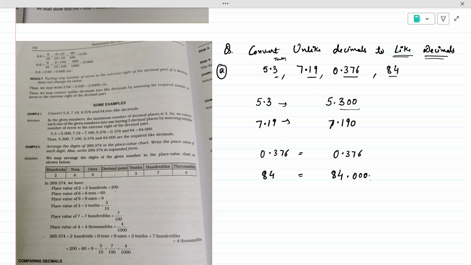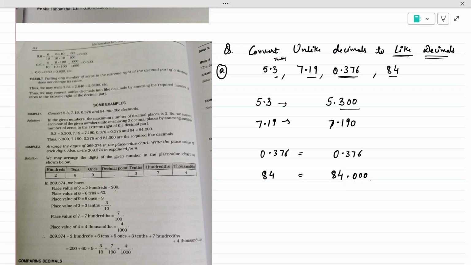For that, first of all, we identified the number having the highest number of decimal places, and we saw it is 0.376, which has 3 decimal places. Then we converted all the numbers here to 3 decimal places by adding 0s at their end.